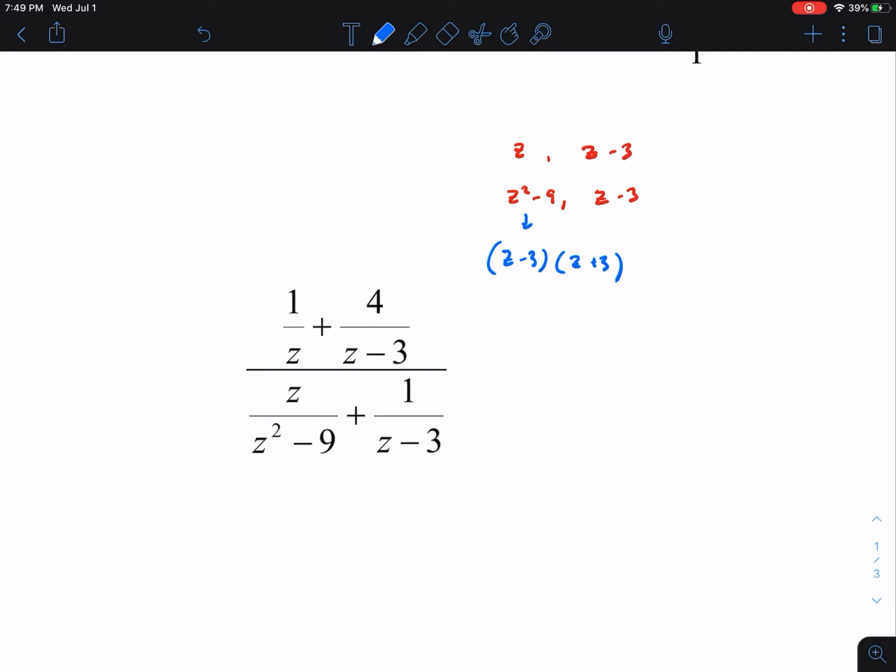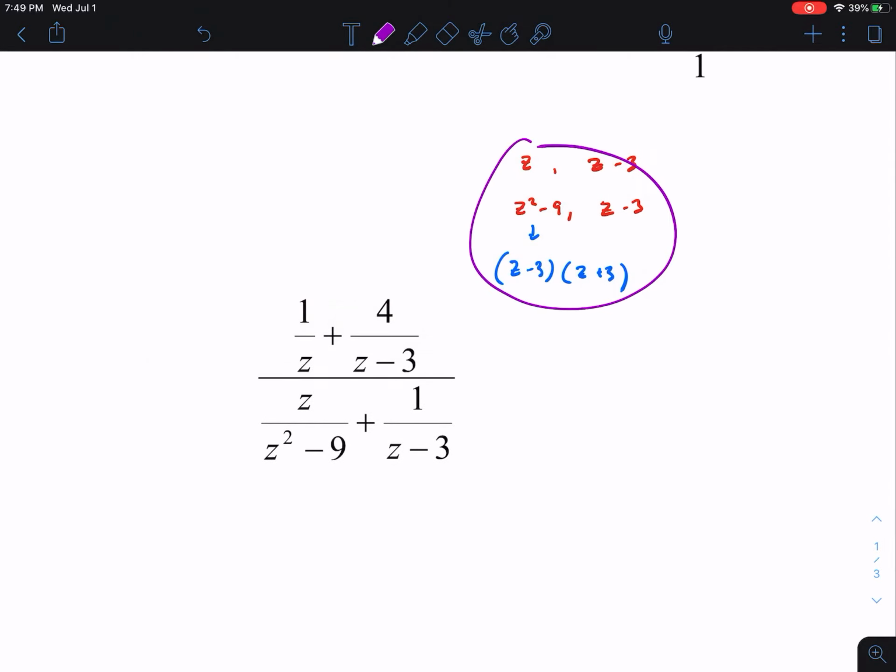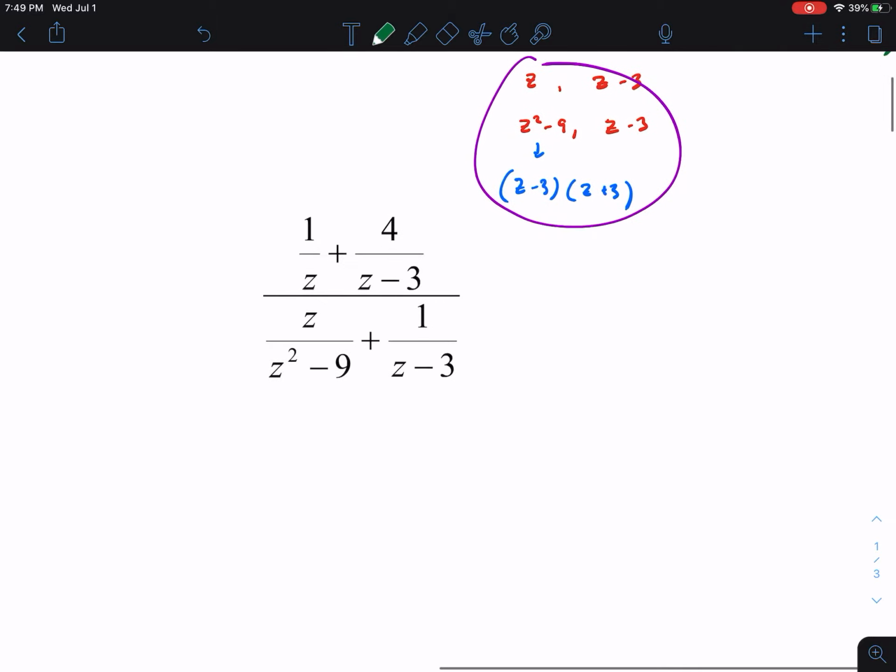So the LCD that will contain all of these factors contains a factor of z, the factor z minus 3, and also z plus 3. If we do this, we guarantee that each denominator will divide into this new LCD, and when we multiply it to the numerator and denominator, it will cancel out all the fractions.